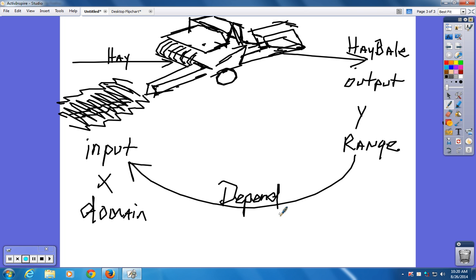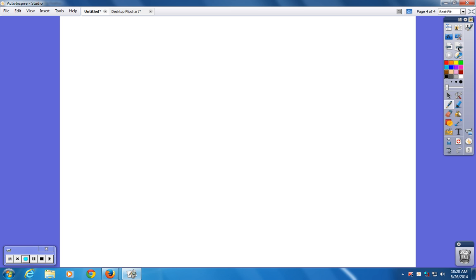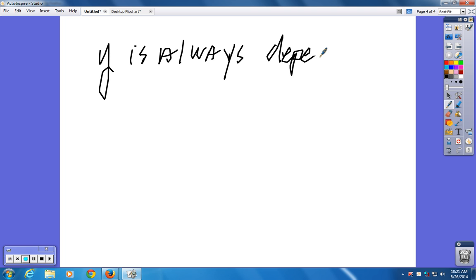Therefore, Y is always Wally. What does Wally mean? Always dependent. So if Y is always dependent, what is X? Always independent.